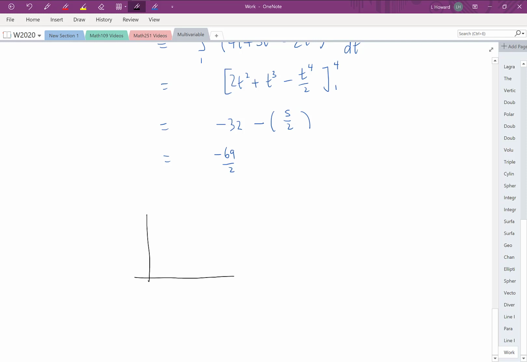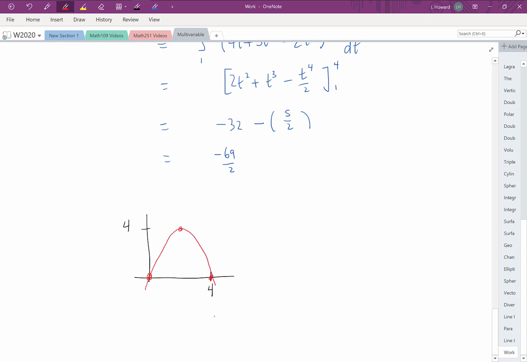So let's redraw our picture. This is really just a rough sketch of the parabola that we drew before. We said that parabola had x-intercepts 0 and 4, and at x equals 2, we checked that the y value was 4. Because that's halfway between our x-intercepts, that's going to be our vertex there.